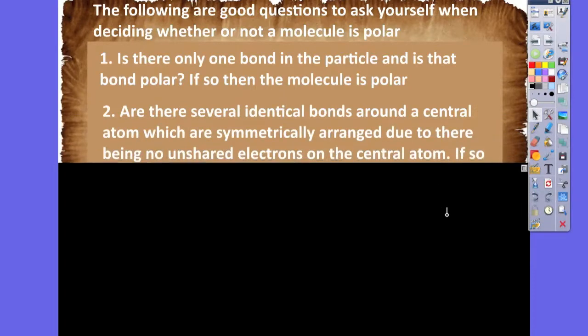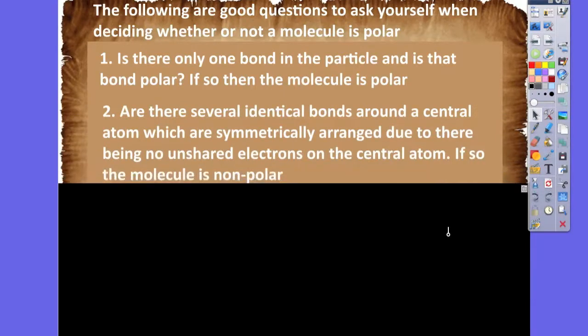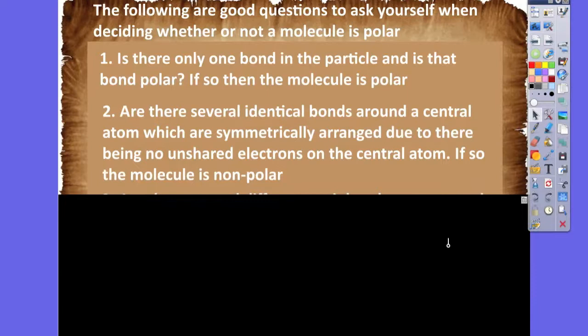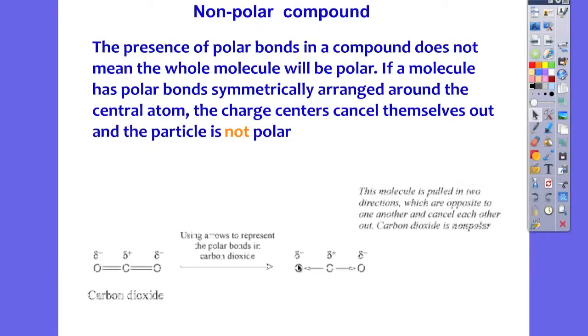Number 2, are there several identical bonds around the central atom which are symmetrically arranged due to there being no non-shared electrons on the central atom? If so, this molecule is nonpolar. So if we look at this one, this is symmetrically arranged. They both have the same kind of bond, so it's going to cancel out and give a nonpolar compound.